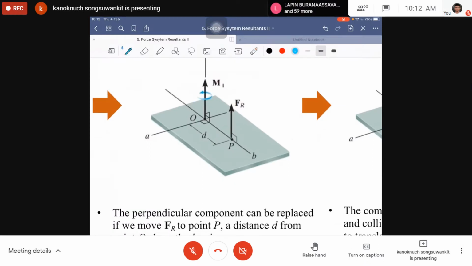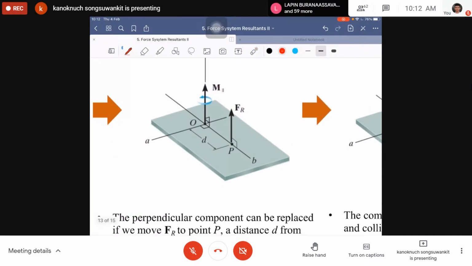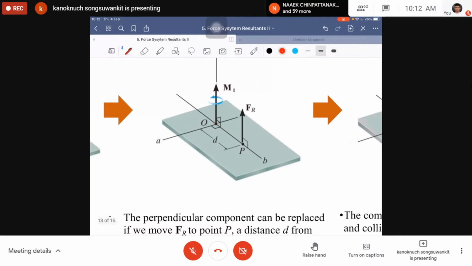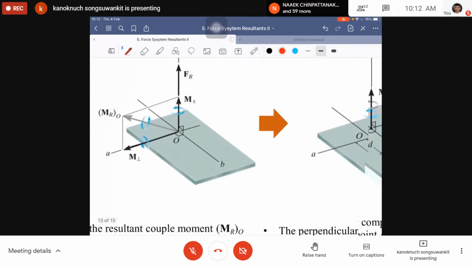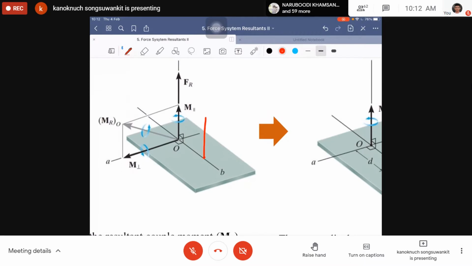Okay, let's say from the first page. If we move Fr to this point, we have to insert a couple Fr and minus Fr.